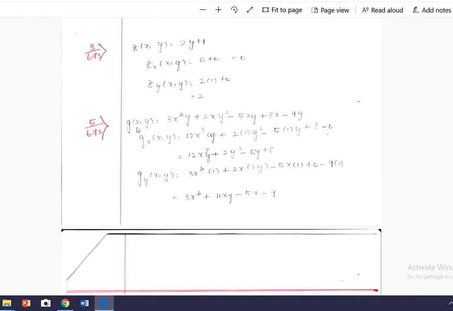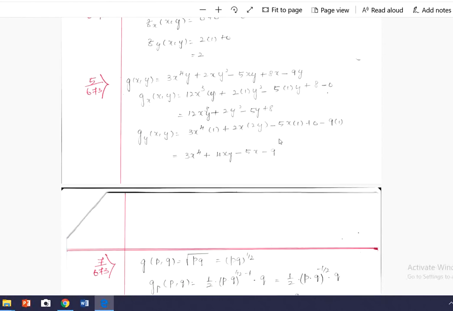Question number 5. g(x, y) = 3x⁴y + 2xy² - 5xy + 8x - 9y. Do the same thing: differentiate with respect to x and with respect to y. First, in terms of x: g_x(x, y). We are differentiating this equation in terms of x. 3 is a constant, and x to the power 4 differentiates to 4x³.